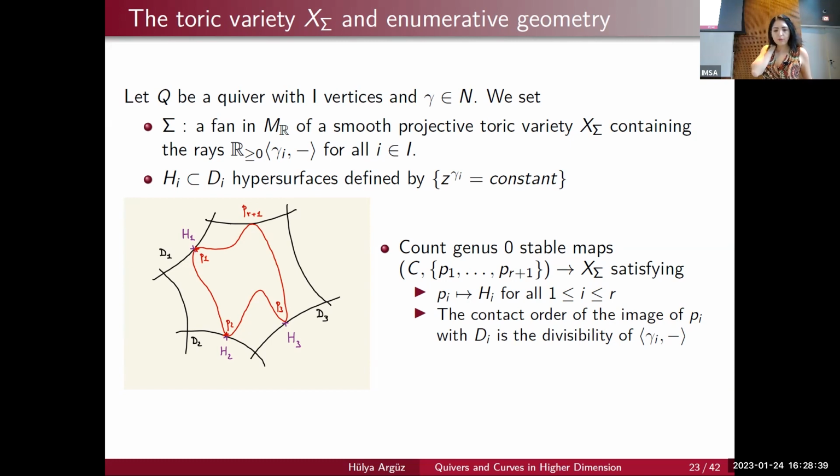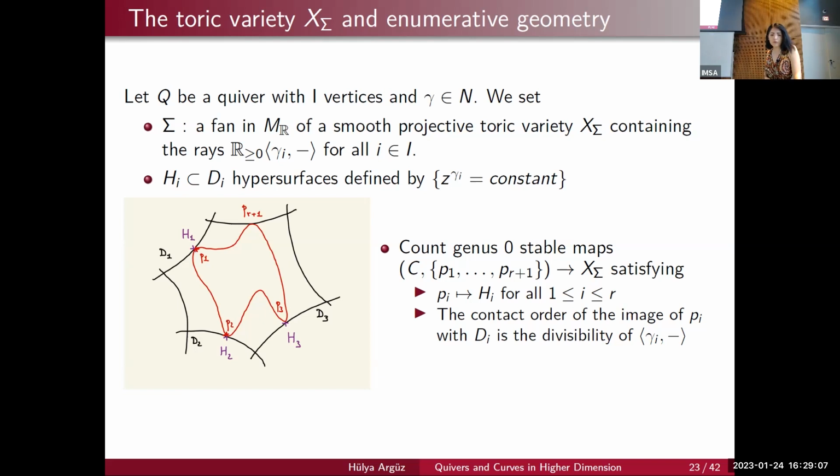Generally, if you just consider these rays, you might not end up with a fan which is nice, which corresponds to a smooth projective toric variety. But you can always refine, add more rays, and it will not change the result. So you can take some subdivisions and obtain a fan containing all these rays. And this gives a toric variety.